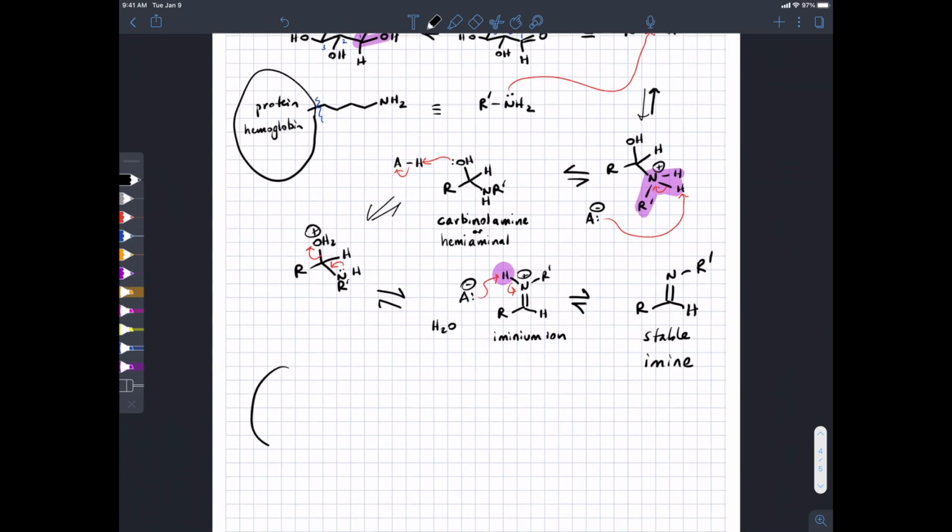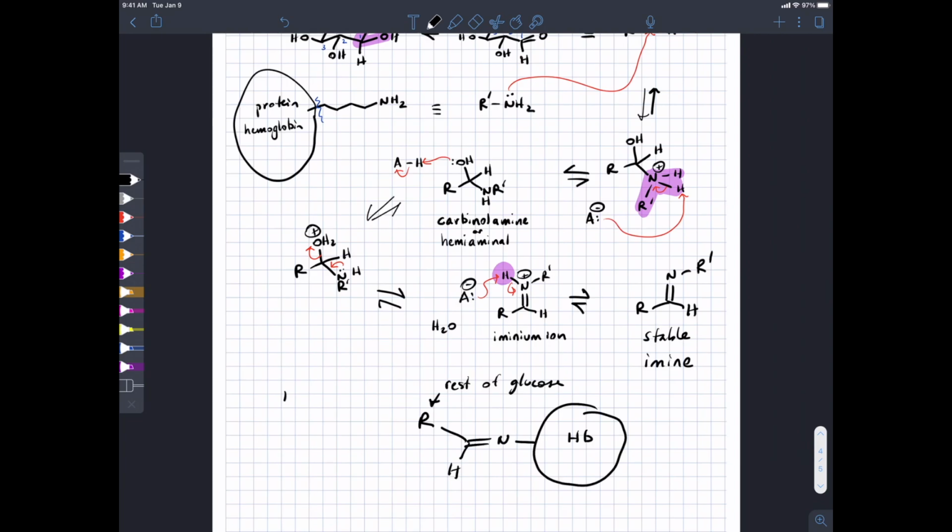Well, if you've got hemoglobin here, and you have a nitrogen on hemoglobin that gets tied up with the aldehyde from glucose, if it's okay, I'm going to draw it this way. Here's hemoglobin, here's a nitrogen from a lysine side chain, and then here's the imine, where R here equals the rest of glucose.